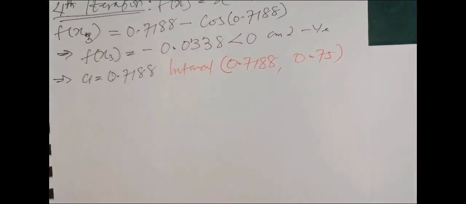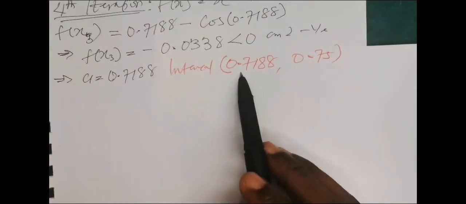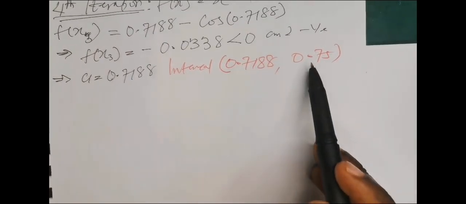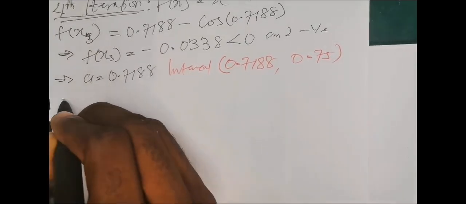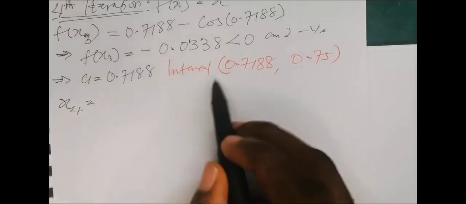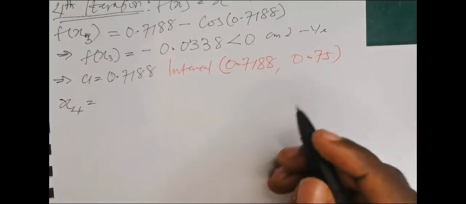This simply means now that the root of this equation lies between these two values. So we can now find the fourth root. s4 is now equal to, we simply add these two and divide by 2.